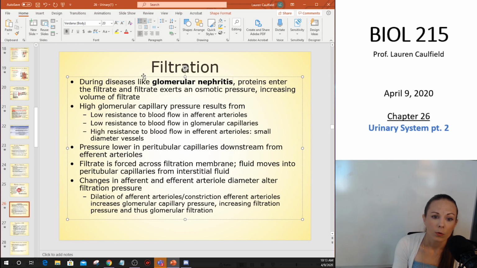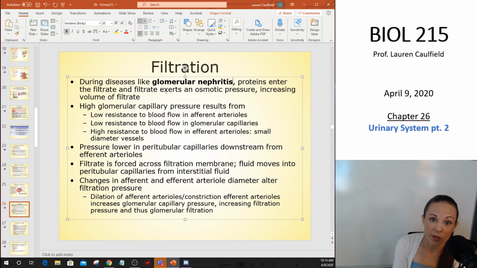So if we have that swelling, that tumor function, due to that increased vascular permeability, then we're going to increase that permeability of those fenestrations, meaning proteins can now enter the filtrate, okay?